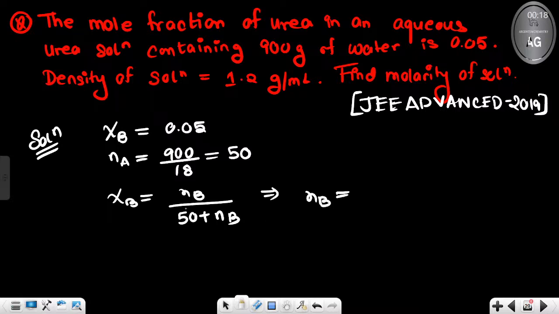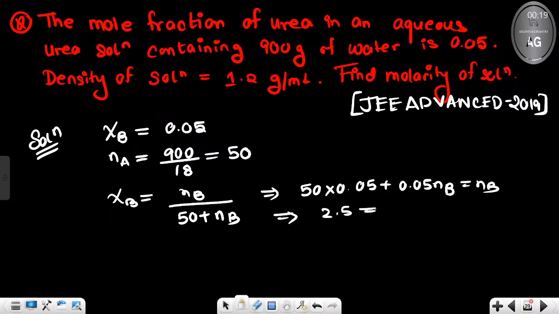What about nB? nB equals to, directly লেখা যায় মুশকিল directly. এটাকে সলভ করতে গেলে 50 into 0.05 plus 0.05 nB equal to nB. তাহলে 50 into 0.05 করতে হবে 2.5, আর এদিকে 1 minus 0.05, so that is basically 0.95 nB.